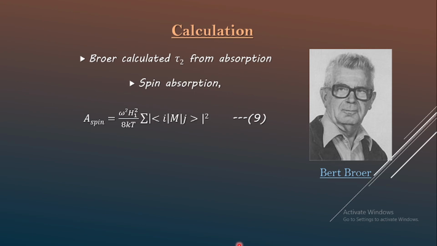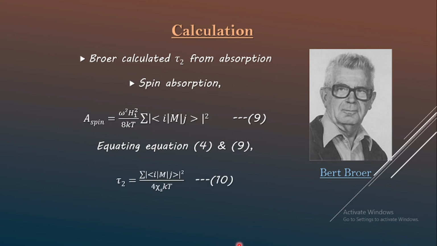This expression is purely quantum mechanical, and if we use equation number 4 and 9 and equate these two, because in both equations the LHS is the same, that is absorption of energy due to spin-spin relaxation, we get the value for tau 2, which we call equation number 10.